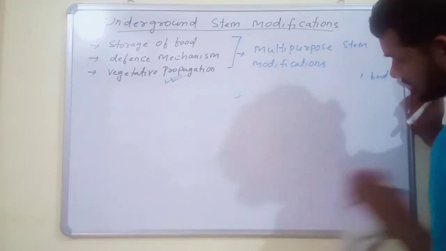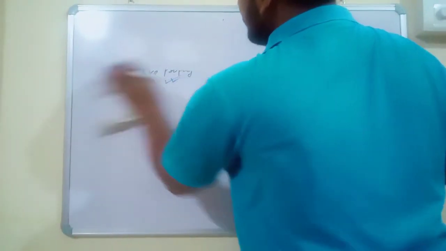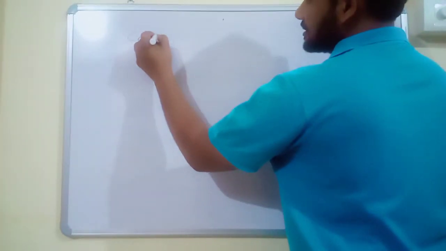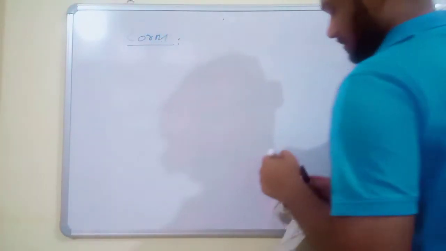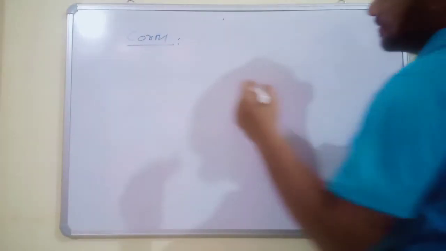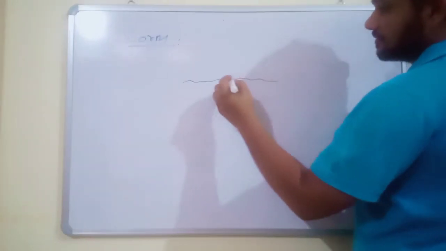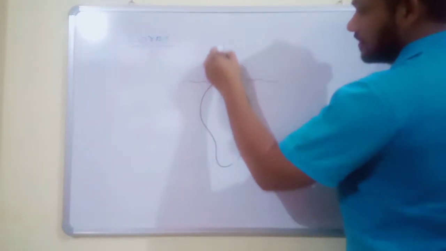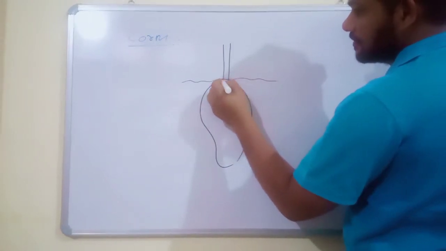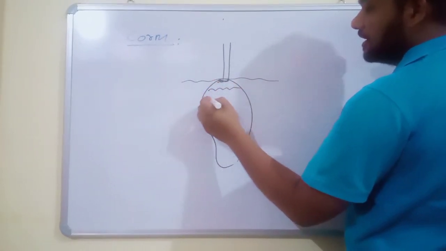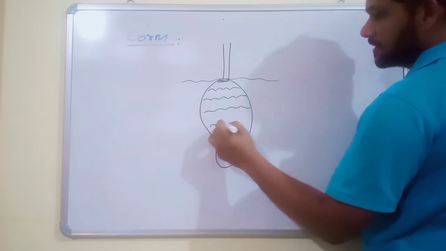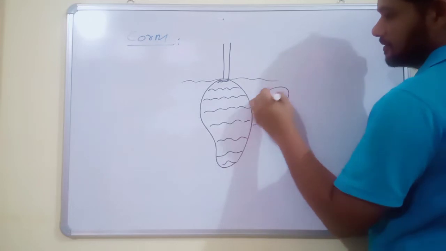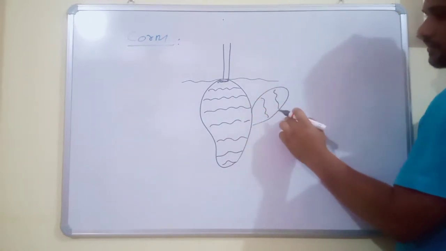And the second underground stem modification is called corm. So this is the base of the soil, and it is the aerial branch. These are the leaves. Leaves are modified into scales. So scale leaves are present, and it produces branches, and these are called daughter corms.